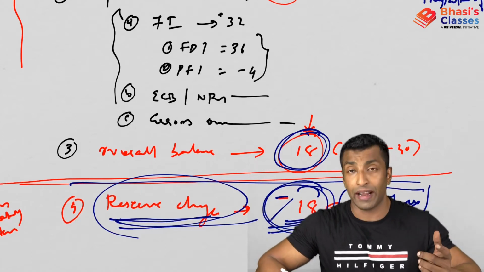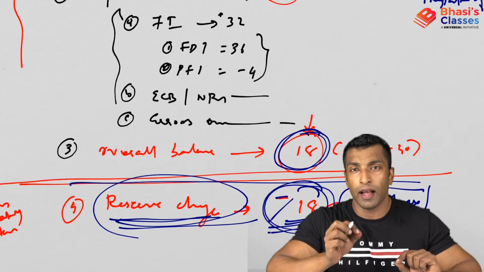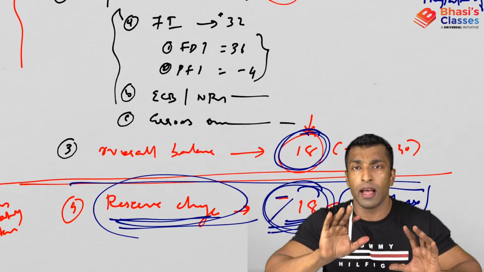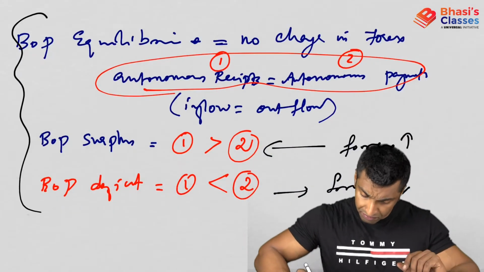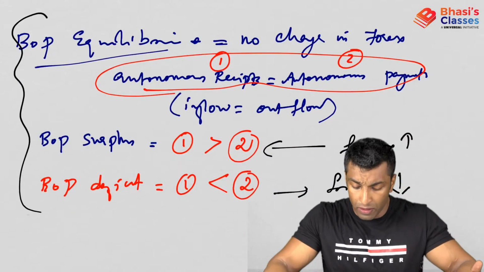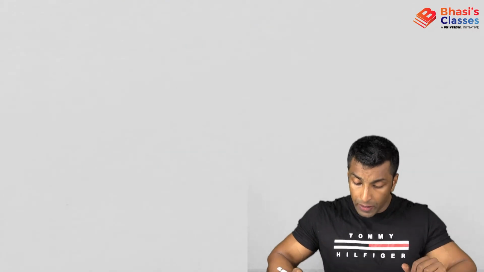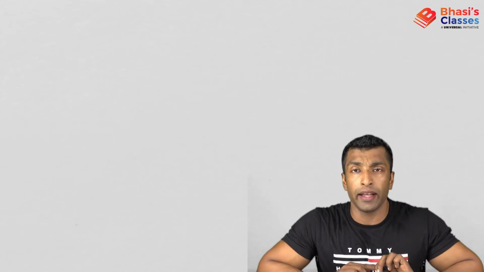What is this concept of negative? Negative means inflow of forex and positive means outflow of forex. You don't want to have confusion, and I have made that very clear in the previous video. Then we talked about BOP equilibrium, BOP surplus, BOP deficit. This is what we have done so far.